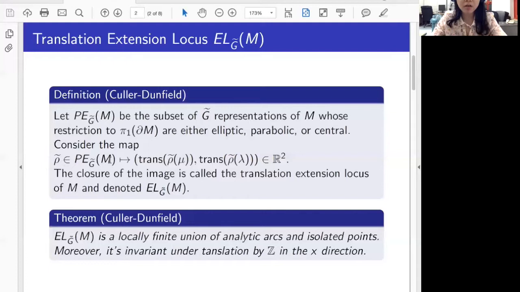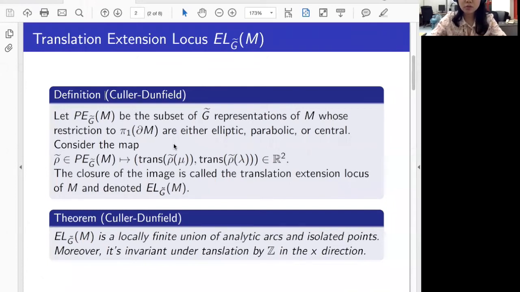Okay. So for a PSL2R tilde representation, we map it to a point on the real plane, where the first coordinate is the translation number of rho tilde of the meridian, and the second coordinate is the translation number of rho tilde of the longitude.